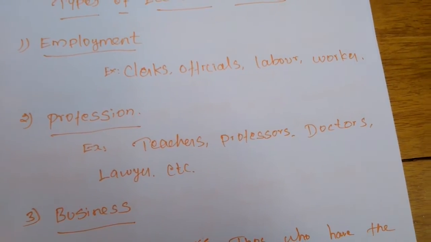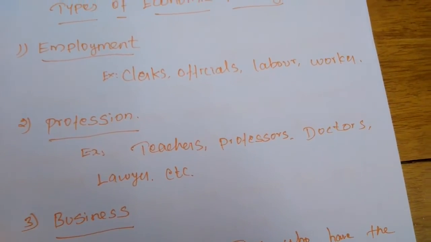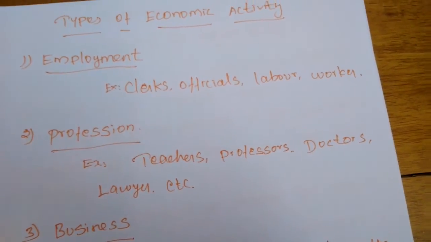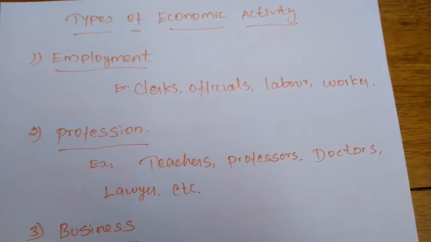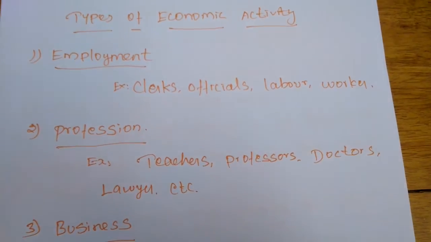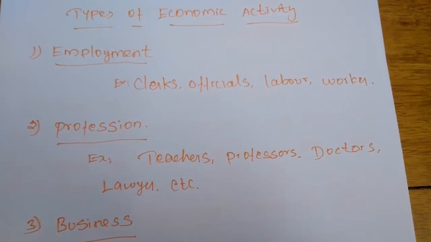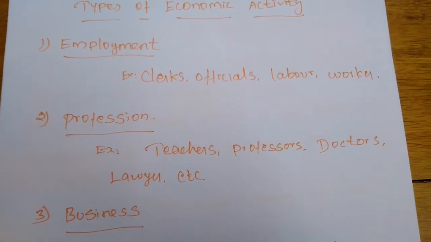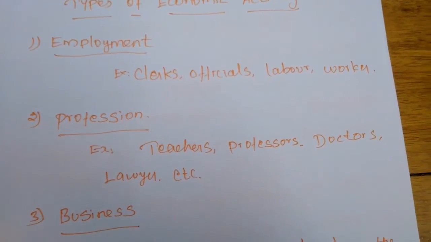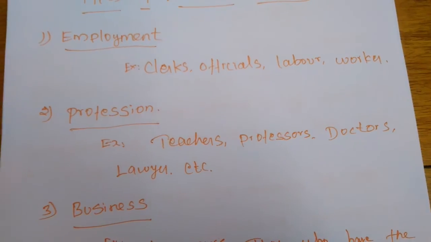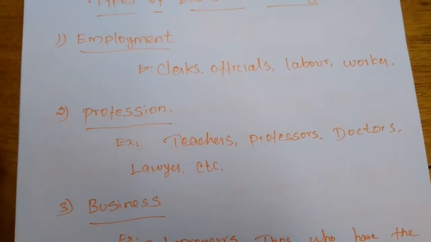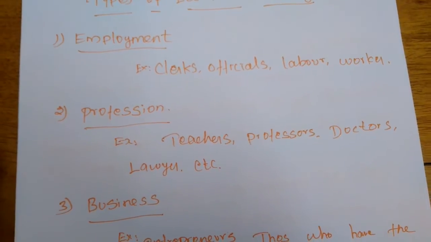Next, the characteristics. There is a contract existing between the employer and the employee. When we go to work, we have to draw up an agreement between the employer and employee. The employer has the full right to make the agreement.